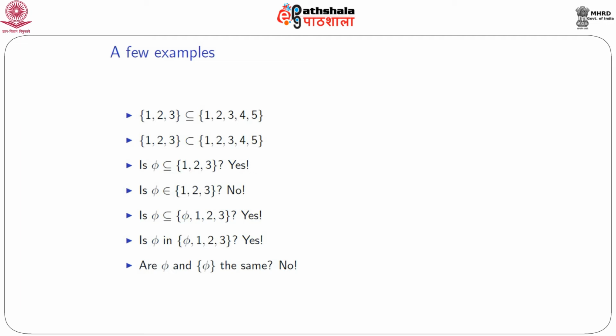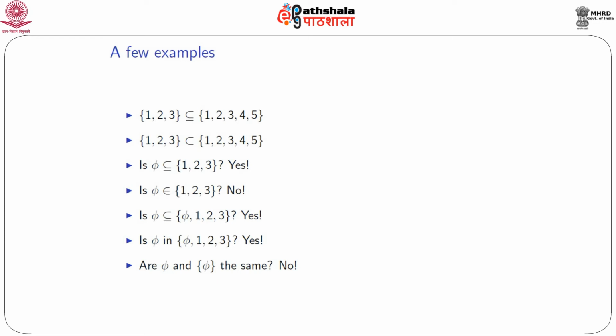And it is a proper subset, because the second set has two extra elements, 4 and 5, which do not belong to the first set. So, the left hand set is a proper subset of the right hand set.